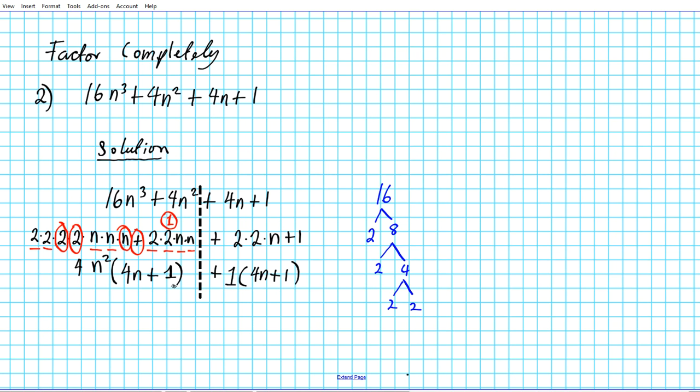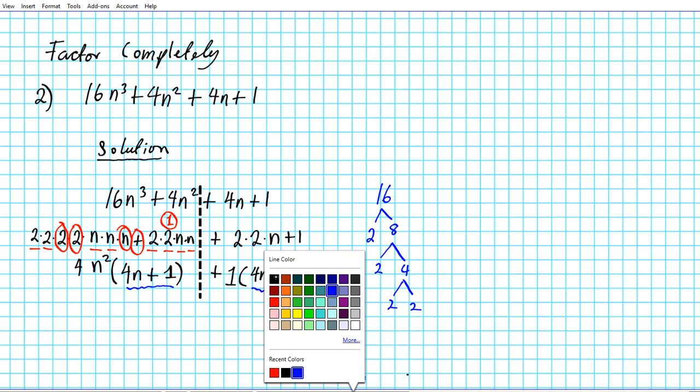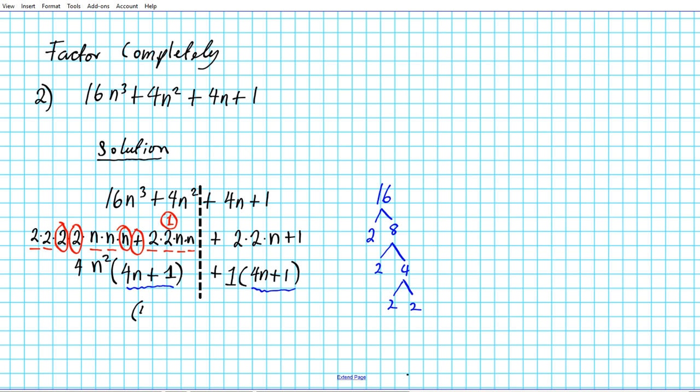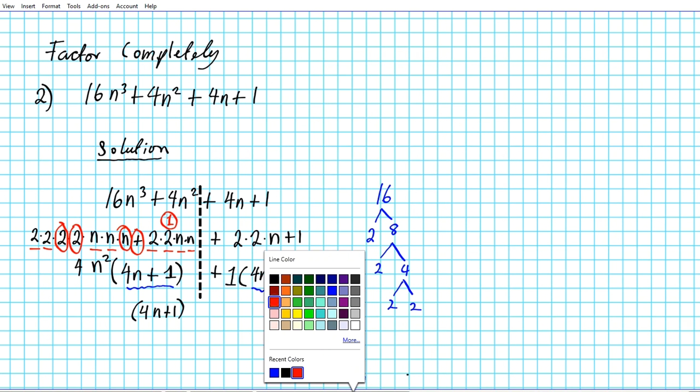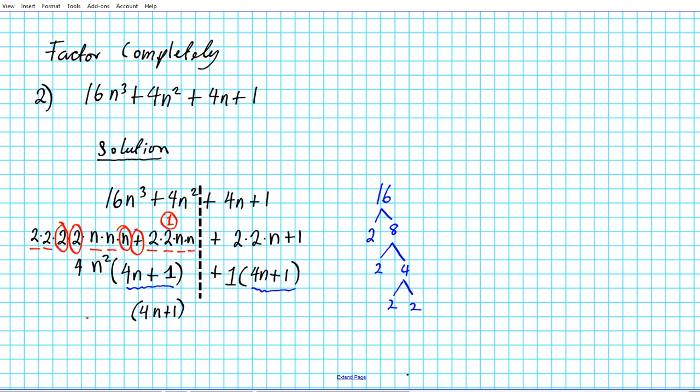Now to proceed, we're going to factor out the common factors, 4n plus 1 and 4n plus 1. So 4n plus 1 has been factored out just as we did on the left side here and also on the right side. Now when you factor out 4n plus 1, it is as though you divided the entire expression by 4n plus 1.